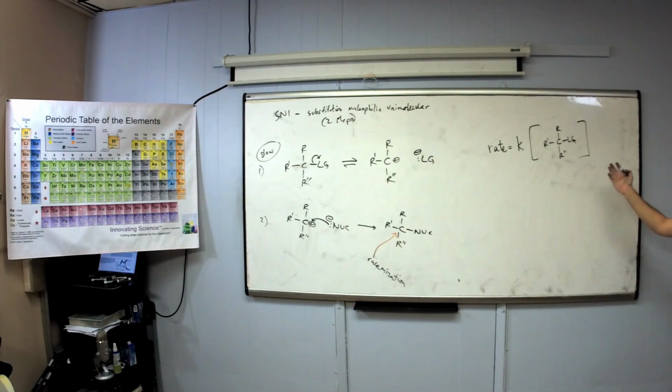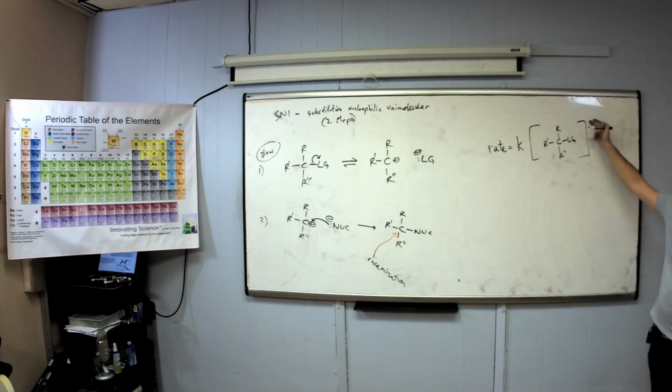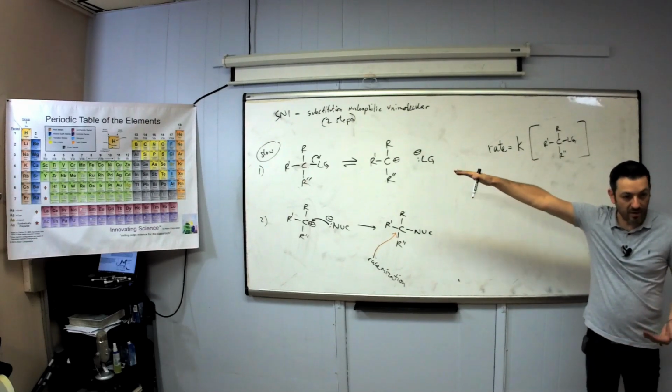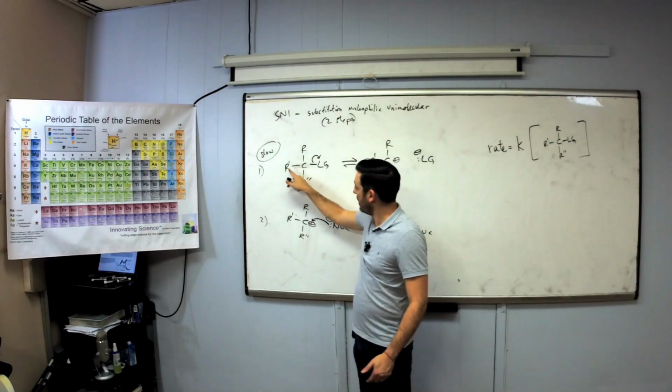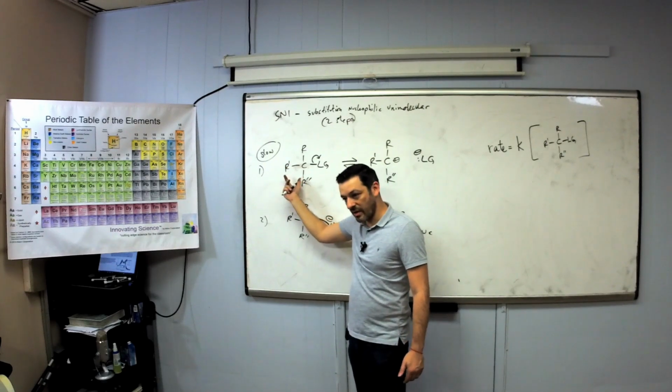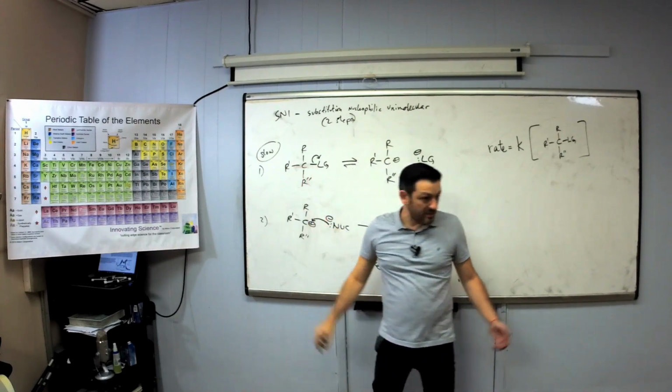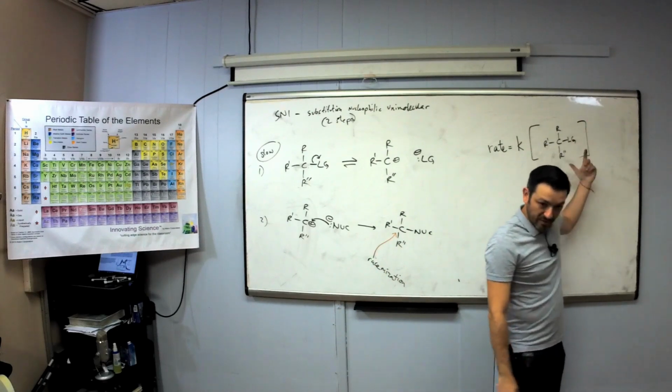Do I put anything else? No, because there's nothing else over there. What power is it? Do I have to do experiments? No, that's my mechanism, so I know that the molecularity, or the coefficient of the substance, is the exponent in the rate law.